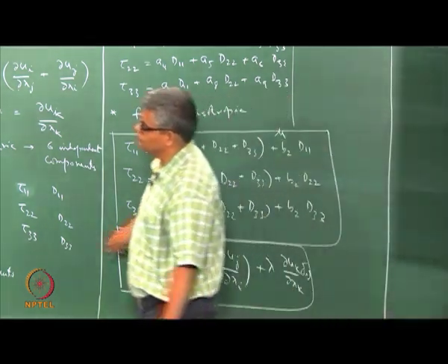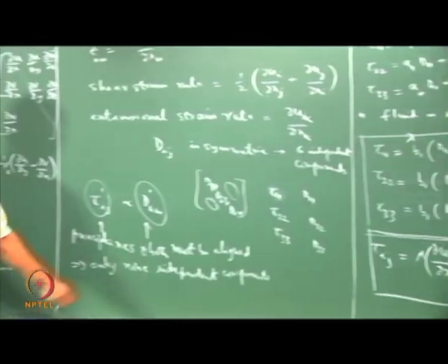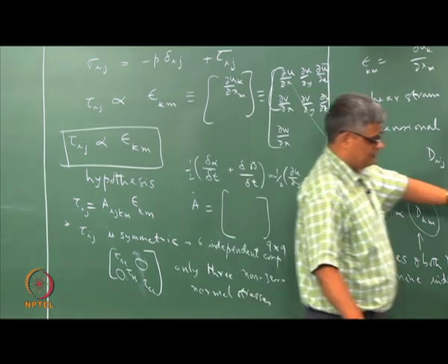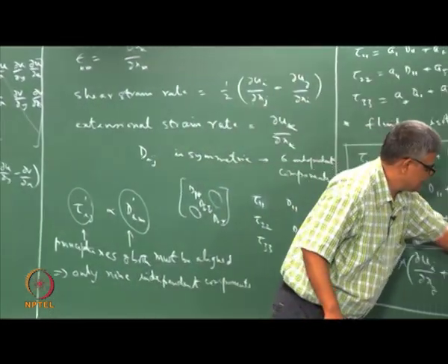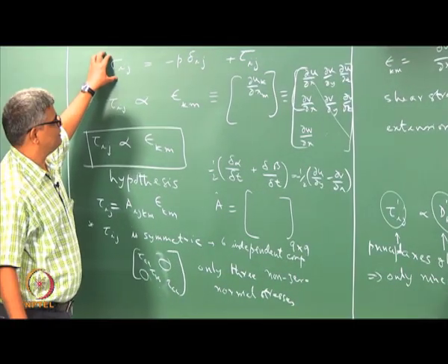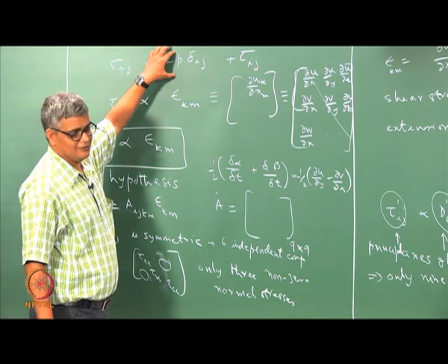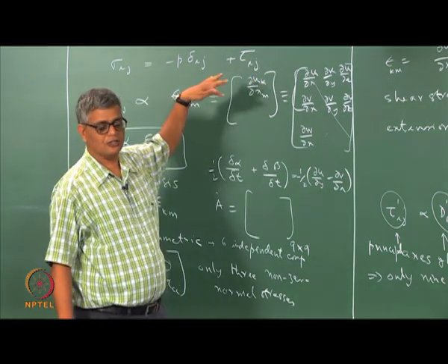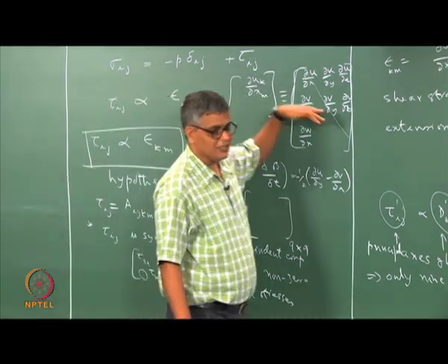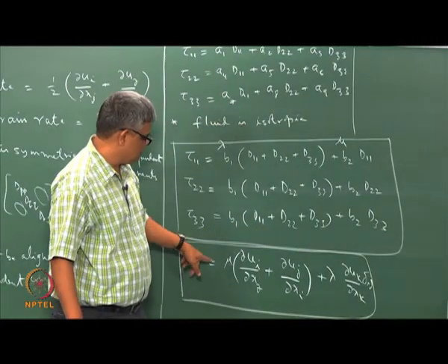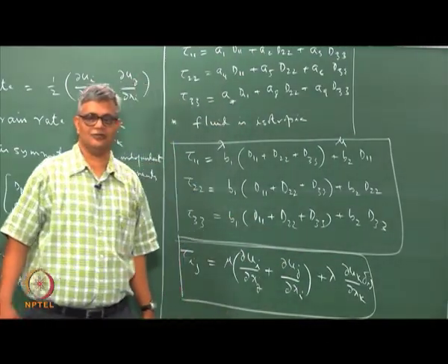So this relation can now be substituted into this, and that gives us minus p delta ij plus mu times this and lambda times this, and what we then have is that the stresses on this side are expressed in terms of pressure and velocity gradients. Velocity gradients are not new variables, and material properties are the 2 viscosity coefficients, the first coefficient of viscosity and the second coefficient of viscosity.